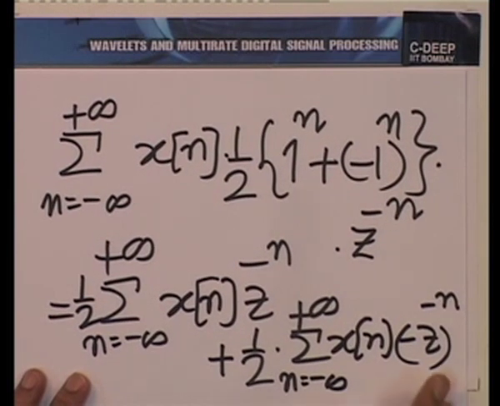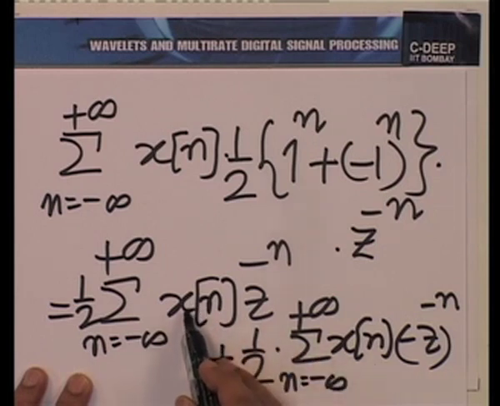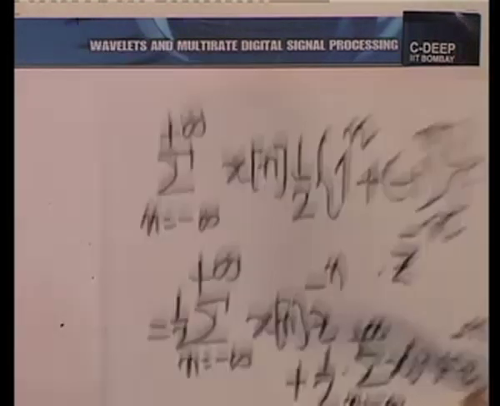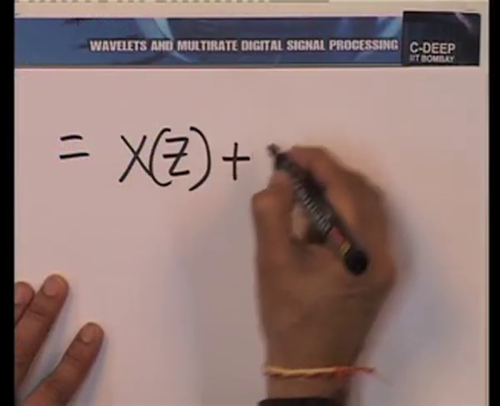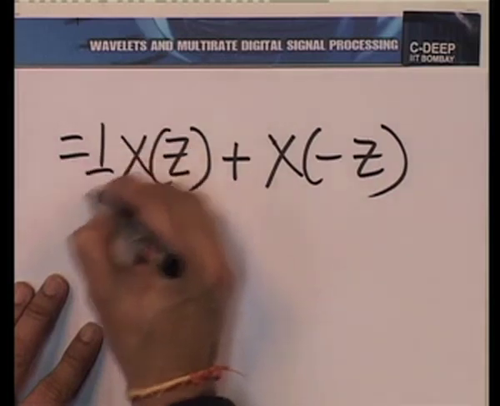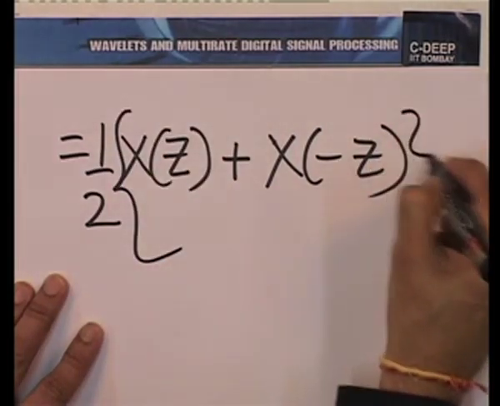So, we have done our job. Indeed, these are very familiar expressions. This is just the z transform of x, and this is the z transform of x with z replaced by minus z. So, this is essentially equal to capital X evaluated at z plus capital X evaluated at minus z, multiplied by half.